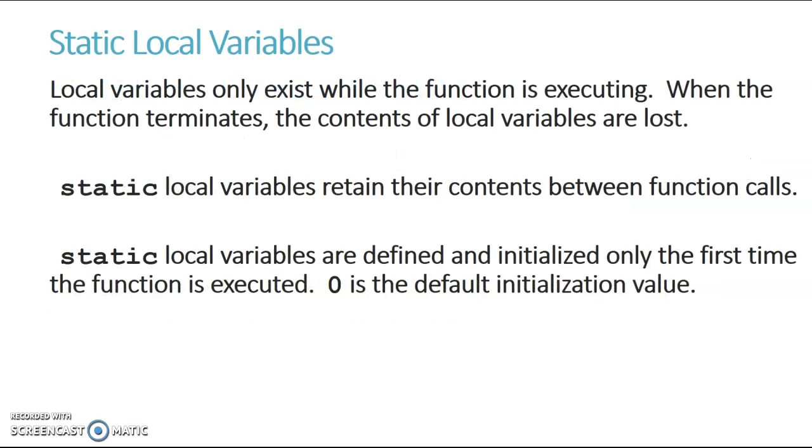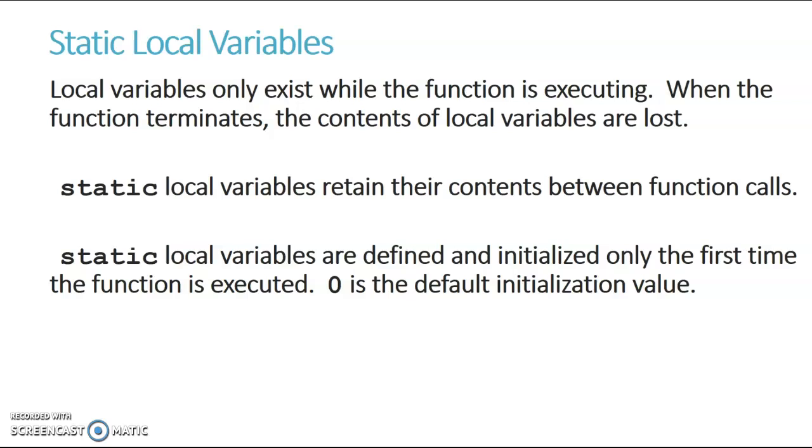There are these things called static local variables. I did tell you that a local variable is destroyed after the body of the function is executed unless I give it static designation. So a static local variable retains its value while the whole program is executing.